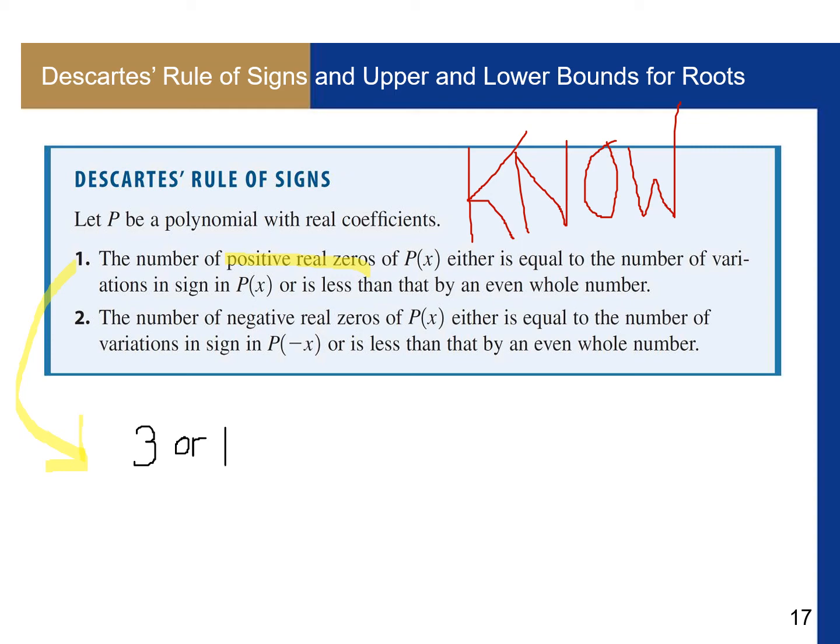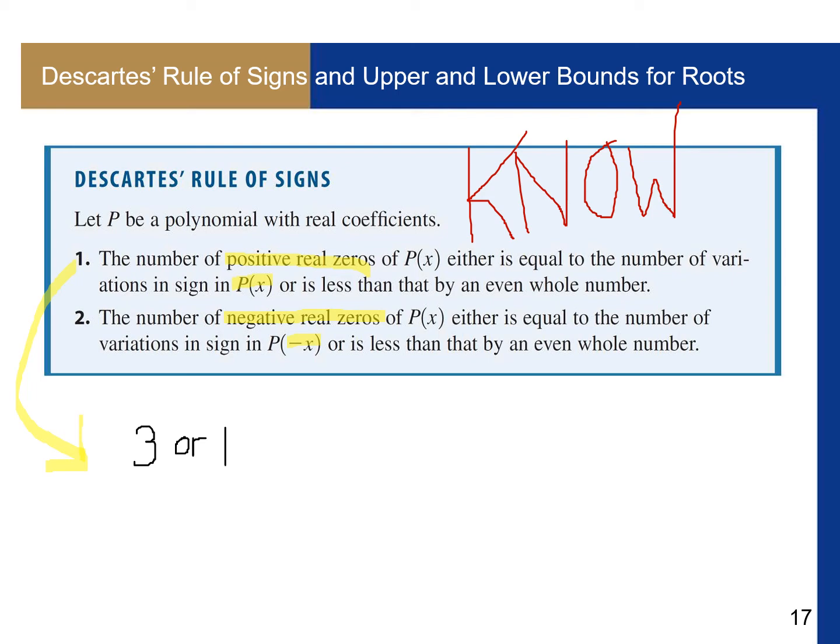Now, the second part of that says the number of negative real zeros is equal to the number of variations in signs if I put a negative x in there, or less than by an even whole number. So the first one is just examining it on its own. I don't make any changes, and that tells me how many positive real zeros I have. But if I want to know how many negative real zeros I have, I'm going to put in negative x.